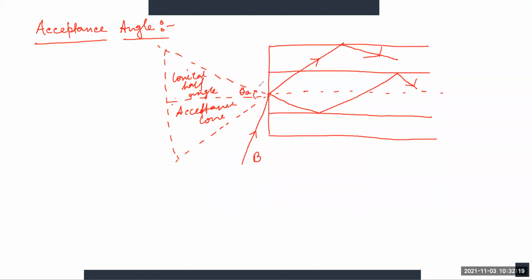This is phi A, and this is A, and this is B, and this is phi C. This part is the core, and this part is the cladding, and here the ray is eventually lost by radiation. And this is a reference line.